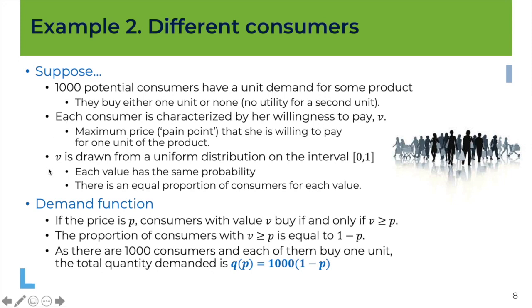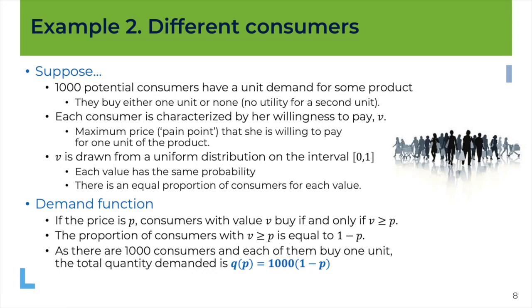We assume that this value V is drawn from a uniform distribution defined on the interval 0, 1. What does a uniform distribution mean? It means that V can be any value between 0 and 1 with the same probability. Another way to say this is that there is an equal proportion of consumers for each value.